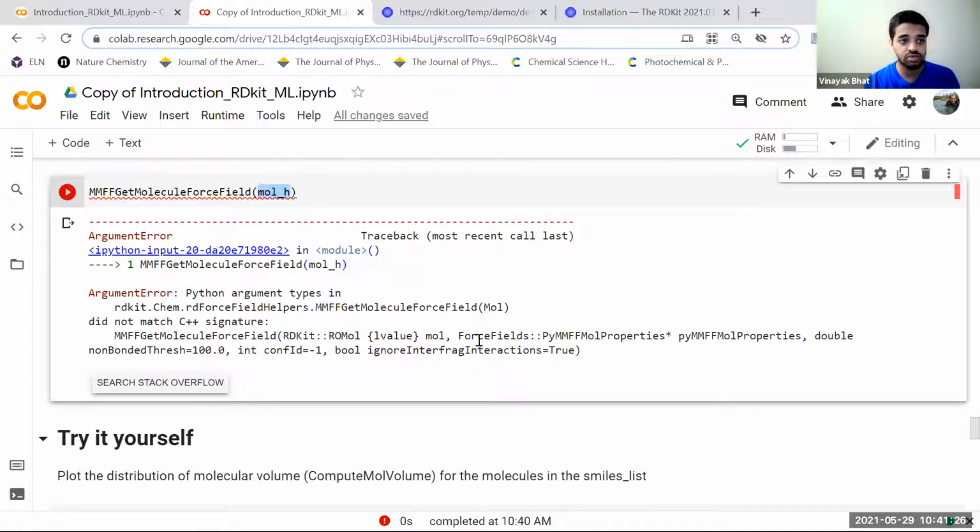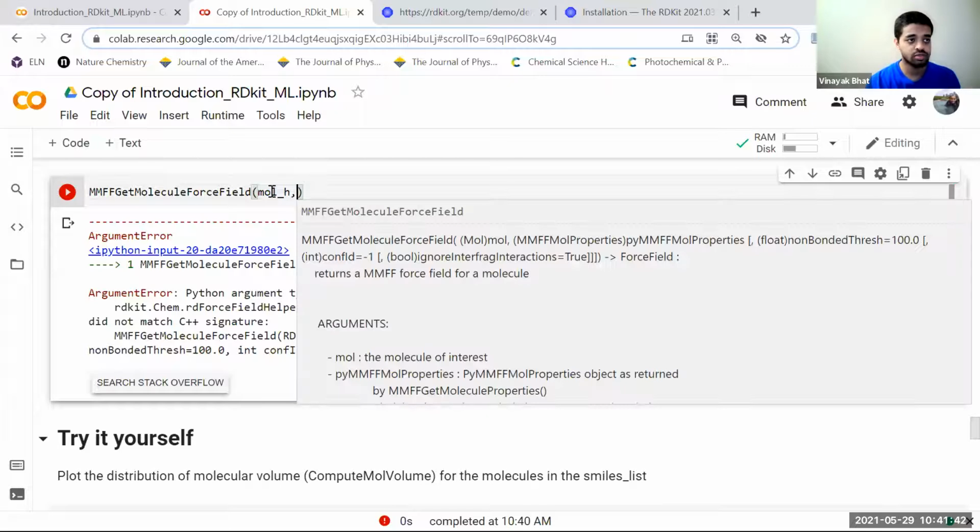So it needs force fields, and this is the molecule that we have, and double bond properties. I think there's force field properties again somewhere.